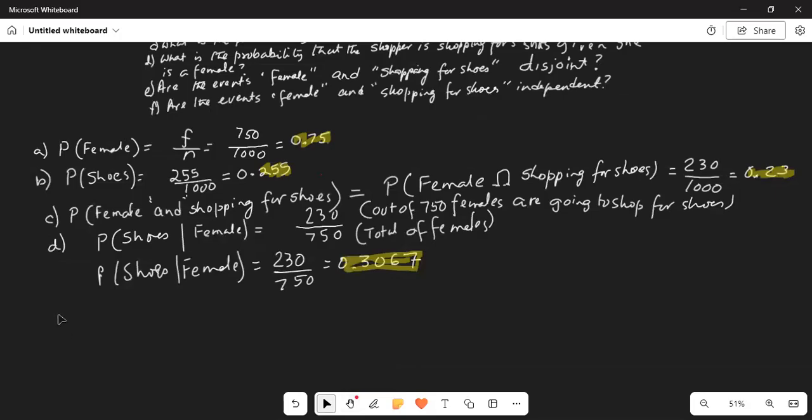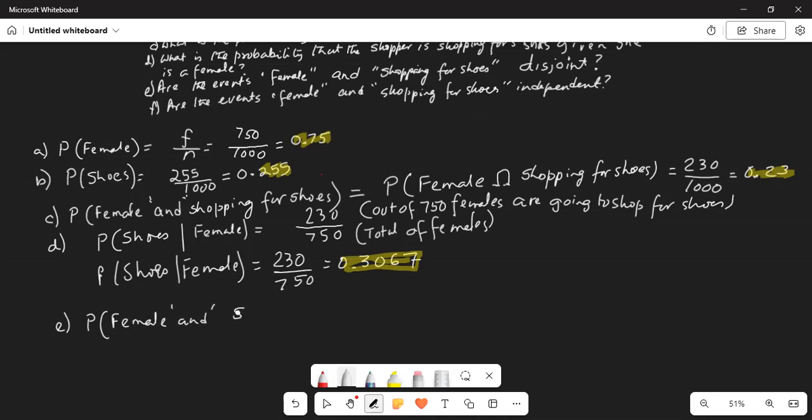We already determined in part C, female and shopping for shoes. Female is in the second row, shoes in the vertical column, they intersect. So part E, probability of female and shopping for shoes, as we determined before, is 0.23.